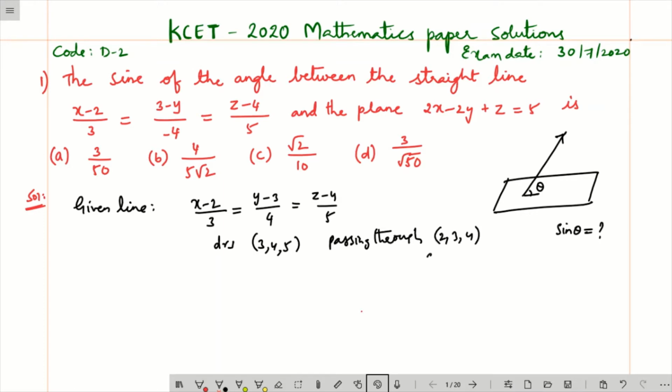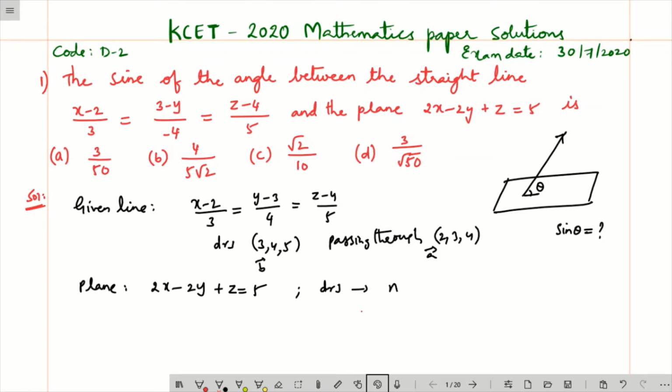So generally we consider this as vector A and this as vector B. And the plane: what is the plane given? The plane is given here as 2x minus 2y plus z equals 5.